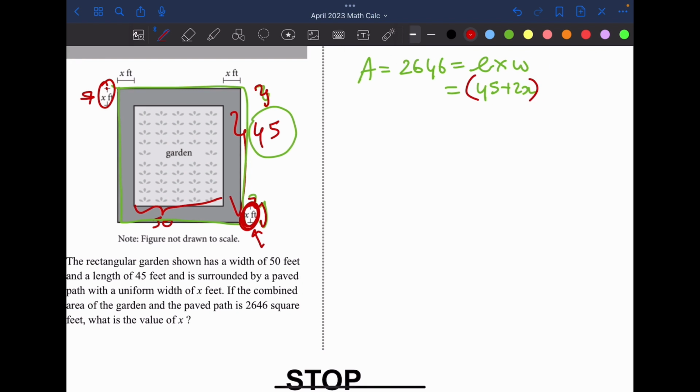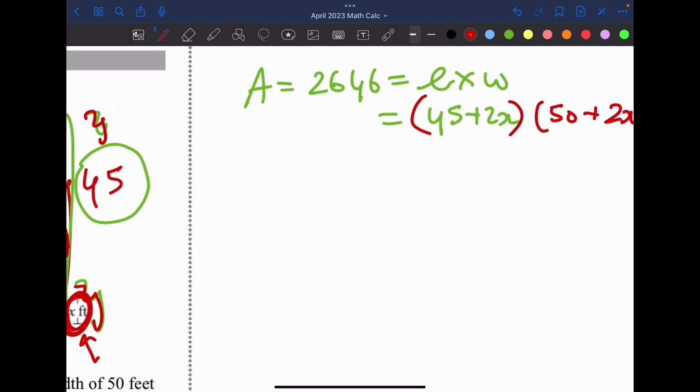For the width, it's the exact same thing. You have 50 over here, so it's going to be 50 plus, and then you have an x over here, and you also have an x in this part over here, which is the same because it's a rectangle. So plus 2x again, and now all you have to do is solve for x. We have an equation.